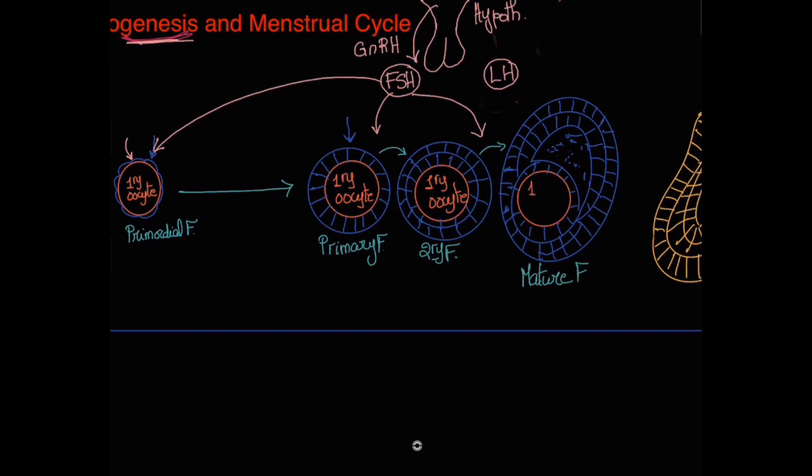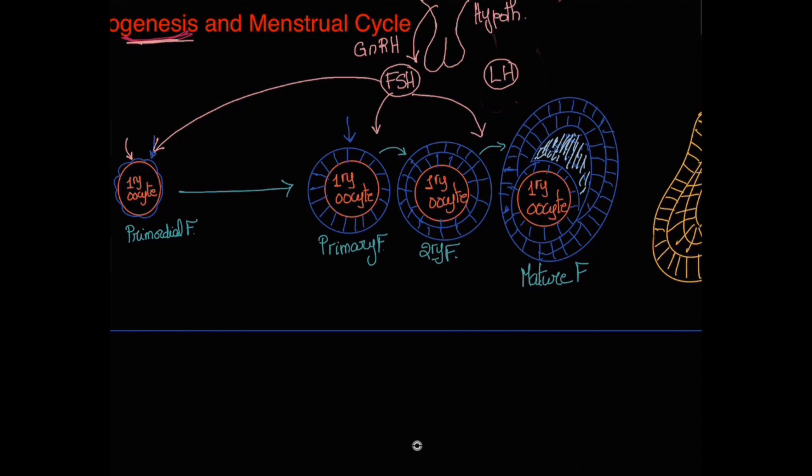Yes, you still have a primary oocyte. You will not get a secondary oocyte until the time of ovulation. The follicular cells around the primary oocyte will start to fuse together and will form a fluid-filled space. This is called the antrum of the Graafian follicle.